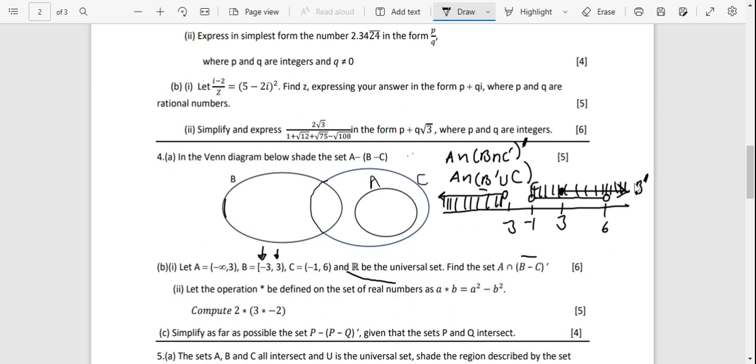If you combine, you see it will continue going like that. This C has joined with the B complement on this side, making just a long line going direct like that, so the arrow points like that. And then from negative 3 also going like this. So this is the B complement union C.